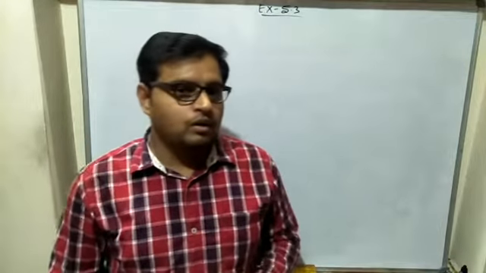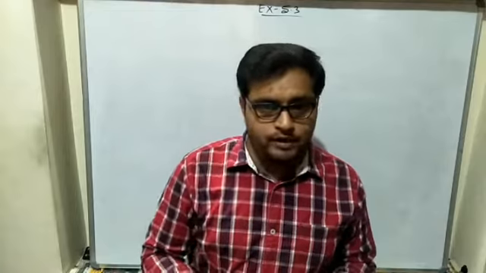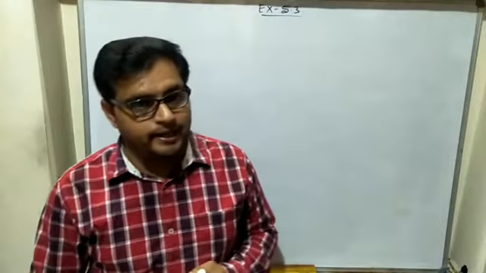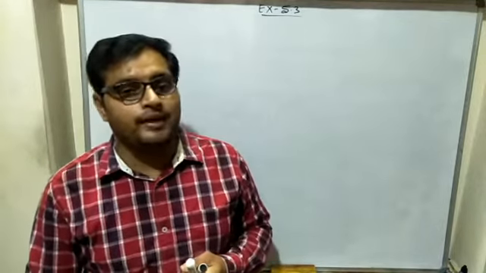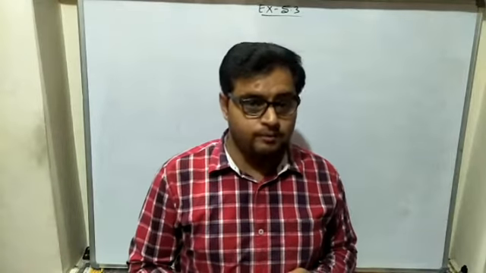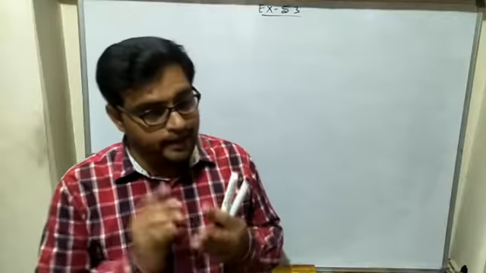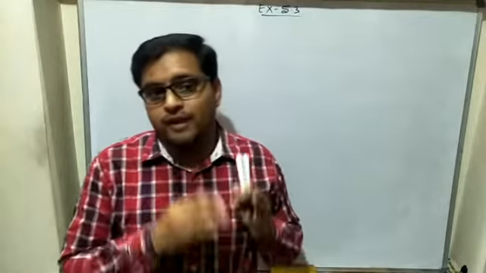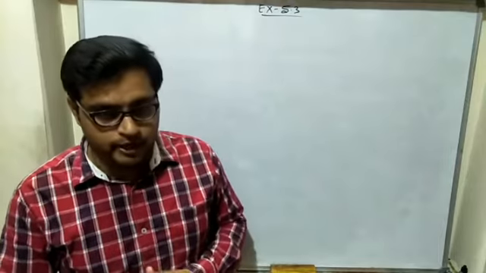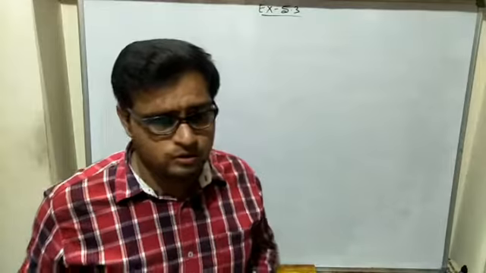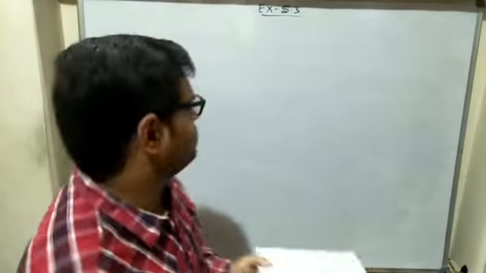So before finding the sum, you have to find the value of n by applying the nth term of an AP, that is an equal to a plus (n minus 1) into d. By applying it, you can find the value of n. Then you can put it in the formula for the sum of n terms of an AP. Okay, so the next question we will discuss. Most of the questions you can solve on your own. Let's see the third question.